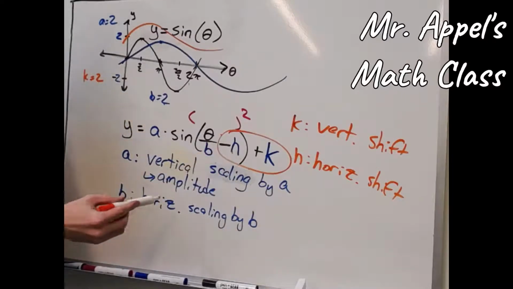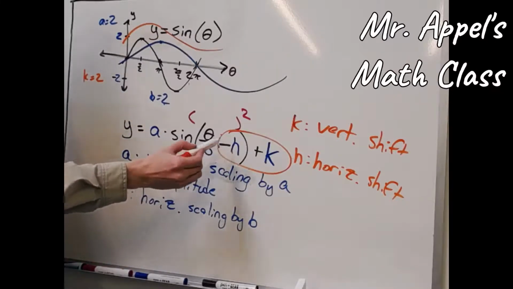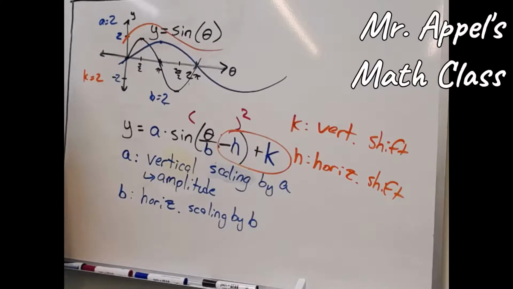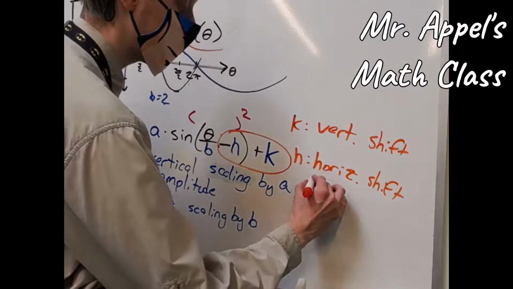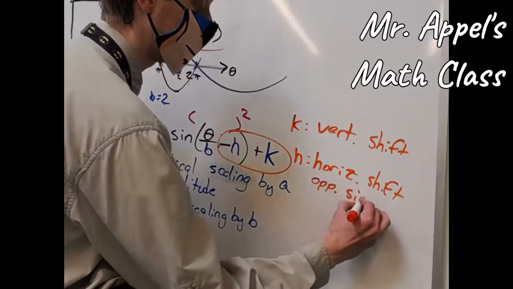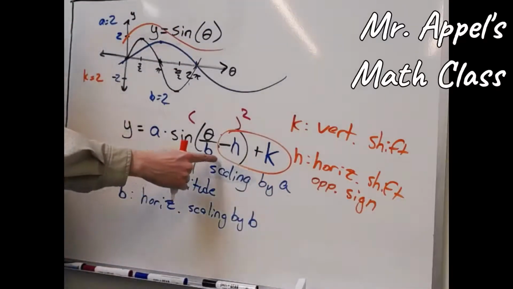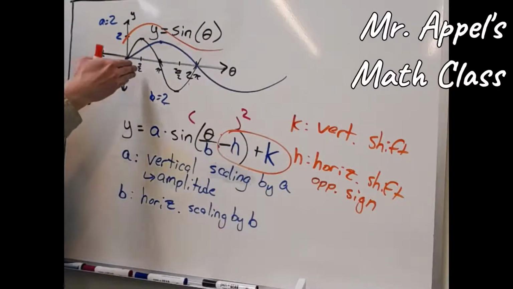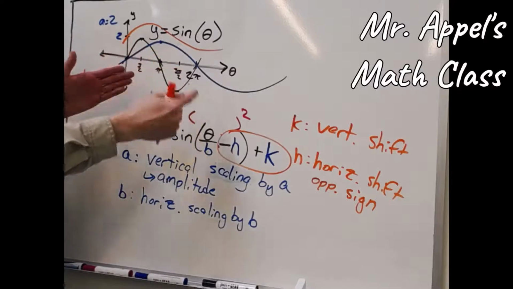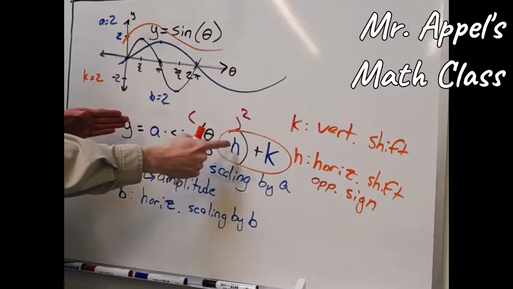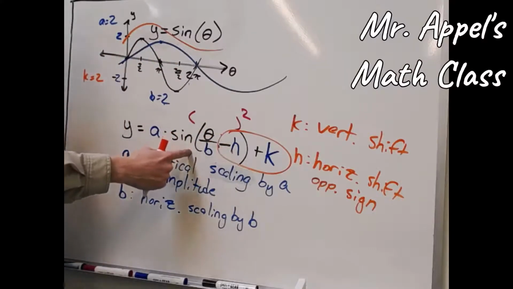Horizontally, remember it's negative. Okay? So watch out for that opposite sign. If h is a positive value, that means I subtract a positive value and then they take the sine of that.